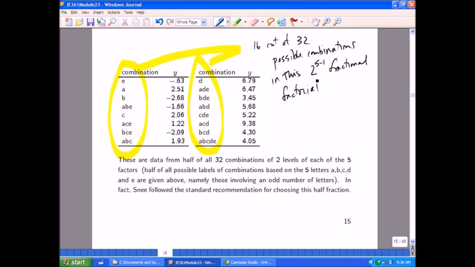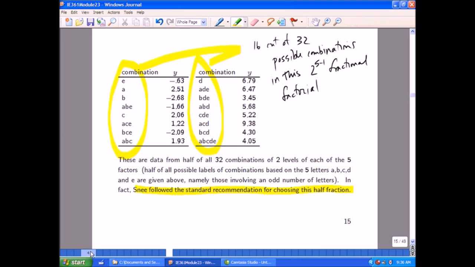And I'm not going to take time to write it all out now, but you can convince yourself that in fact you get these by following this standard recommendation for choosing the half fraction.